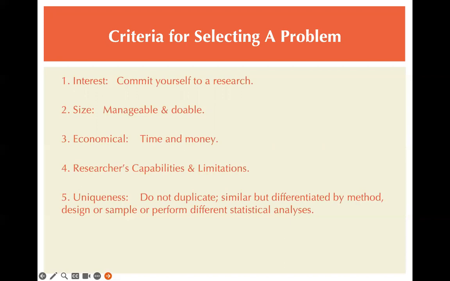For example, interest. Are you willing to commit yourself to that research? Having written researches, these are topics that you dream about, work with for a long period of time, months, or even years for some. And therefore, you need to really have that level or degree of interest in order to pursue them.